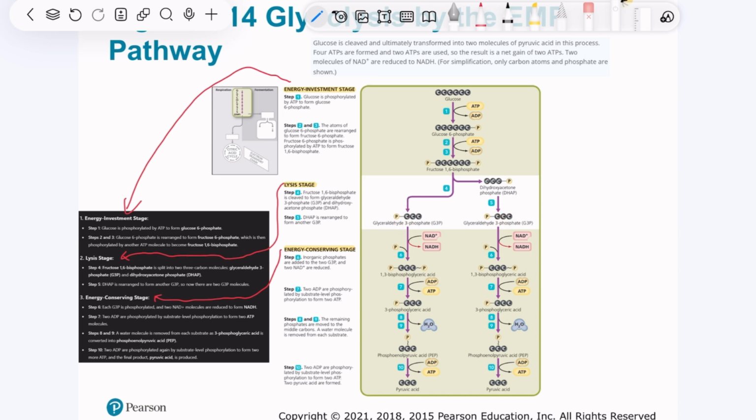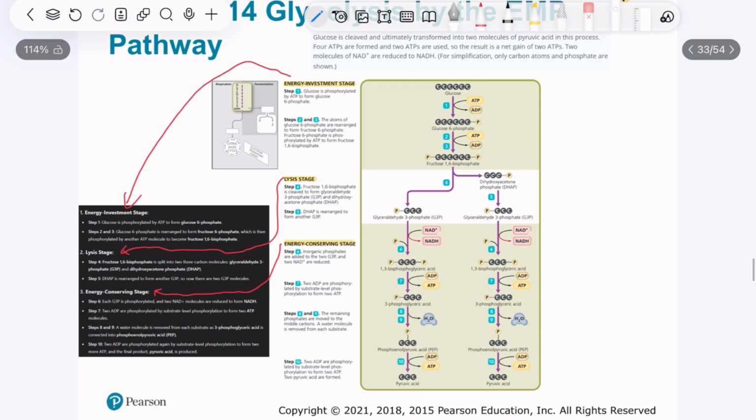And then we move on to the last stage, which is the energy conserving stage. This stage contains the last few remaining steps. So step 6. Each G3P is phosphorylated and two NAD plus molecules are reduced to form NADH. Step 7. Two ADP are phosphorylated by substrate level phosphorylation to form two ATP molecules.